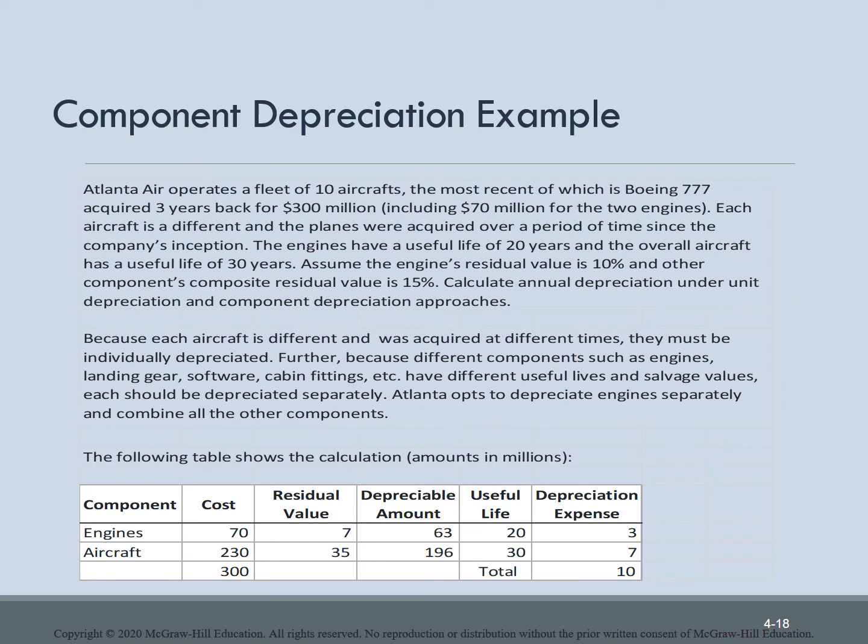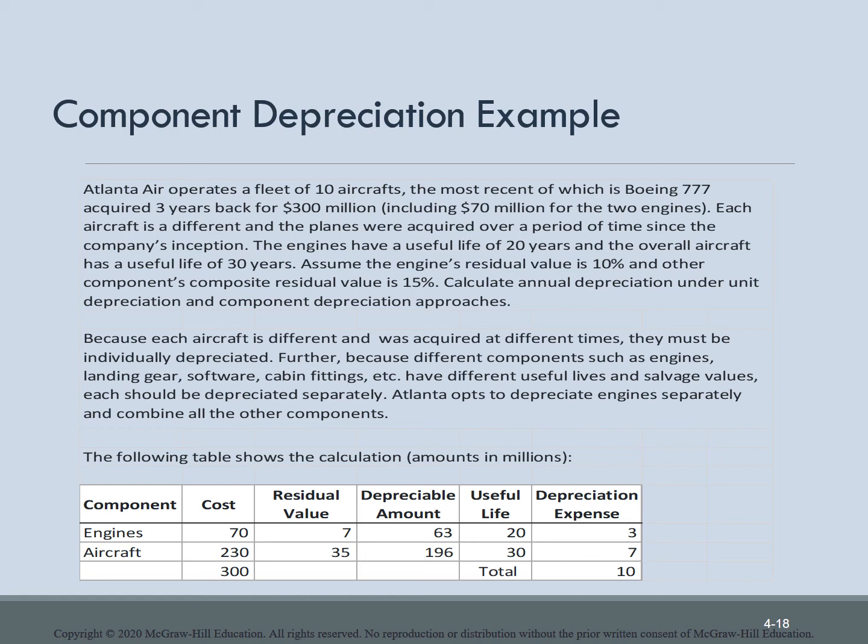All right, so here is our example. It has to do with airplanes. Atlanta Air operates a fleet of 10 aircraft, the most recent of which is the Boeing 777, acquired 3 years ago for $300 million, which includes $70 million for the 2 engines. Each aircraft is different, and the planes were acquired over a period of time since the company's inception.